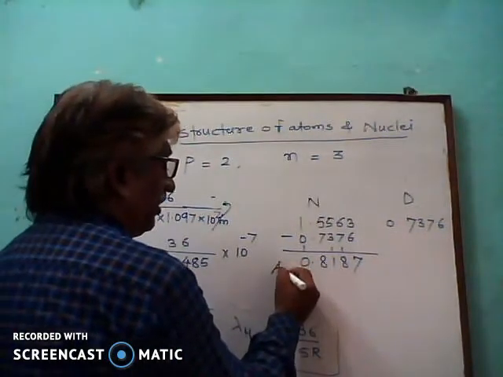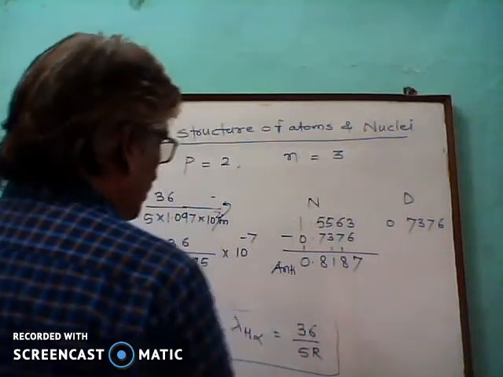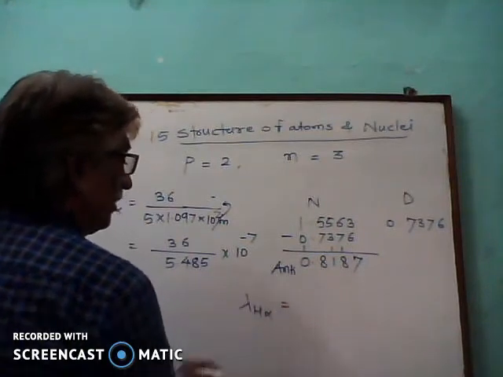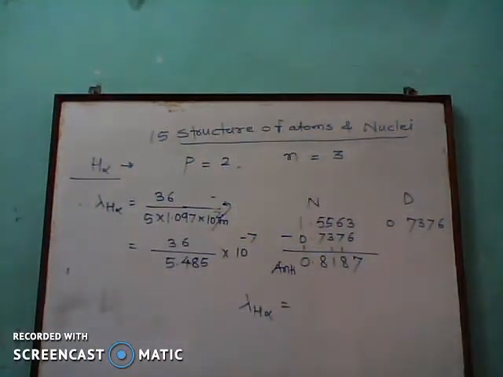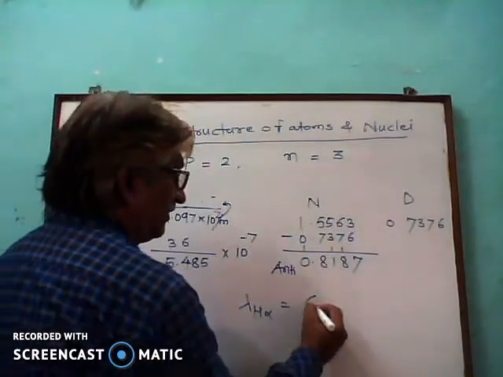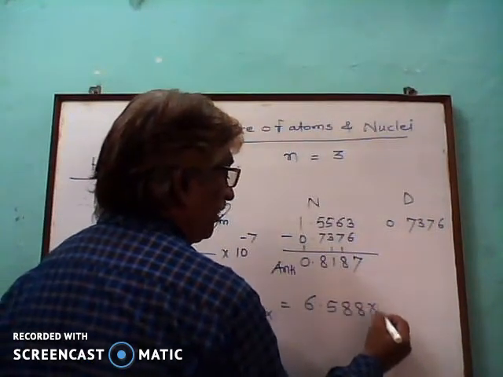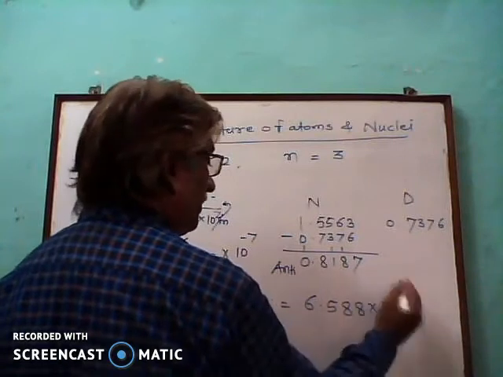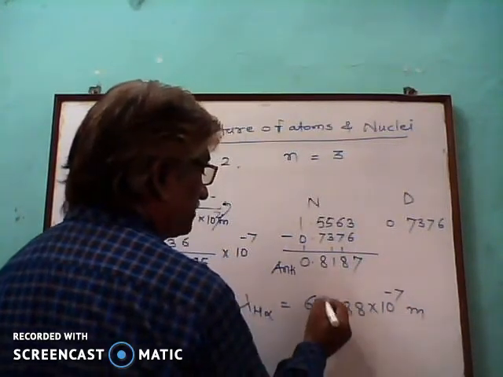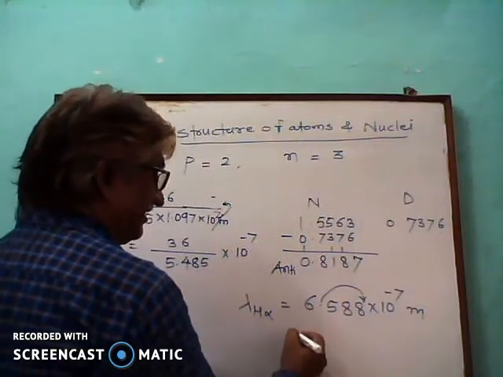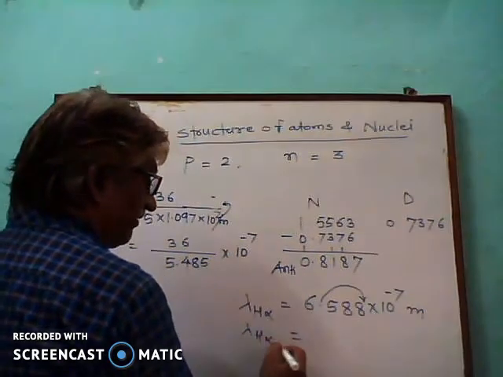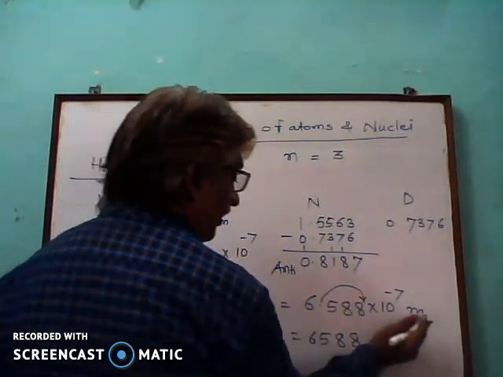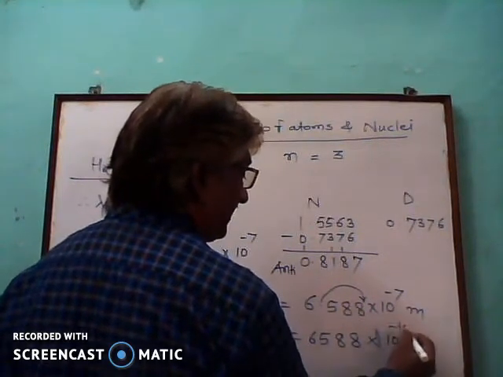If we take the antilog here, the wavelength of the H alpha line is equal to 6.588 into 10 to the power 0, and 0 means 1. So here it is 10 to the power minus 7 meter. If the decimal point is shifted after 3 digits, the wavelength of the H alpha line will be 6588 angstrom, or into 10 to the power minus 10 meter.